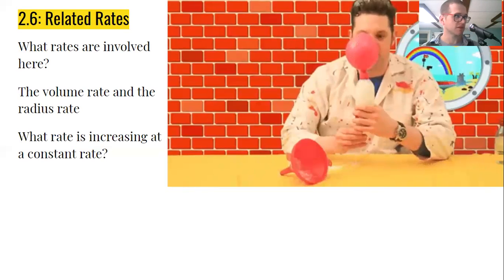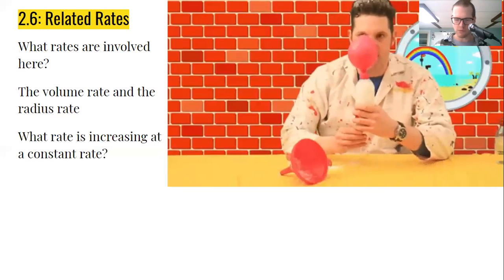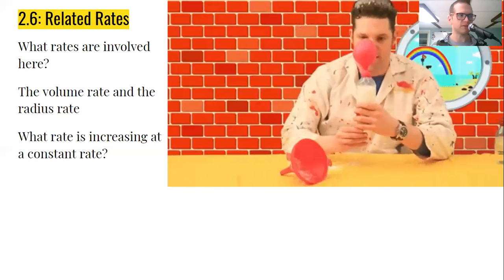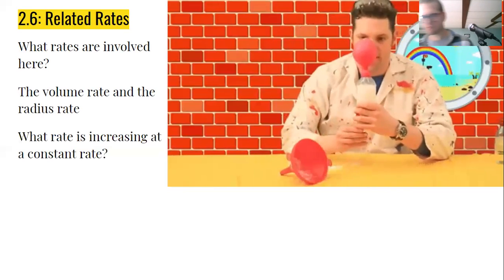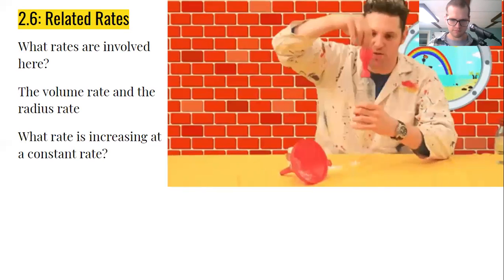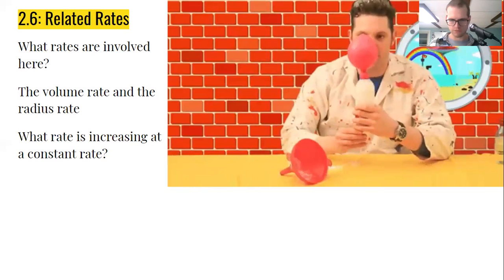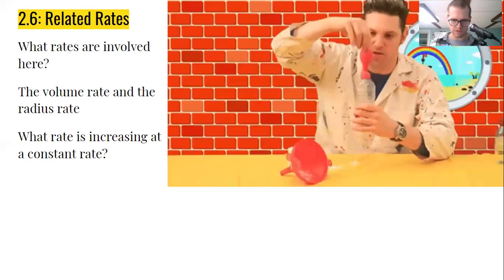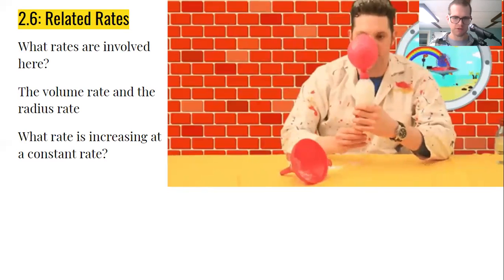All right. Let's talk about it and think about that. If both are increasing at a constant rate, so as the radius goes from 1 centimeter to 2 centimeters, and from 2 centimeters to 3 centimeters, does the volume between 1 to 2 to 3 grow by the same amount? Let's look. The volume of a sphere is 4/3 pi r cubed.